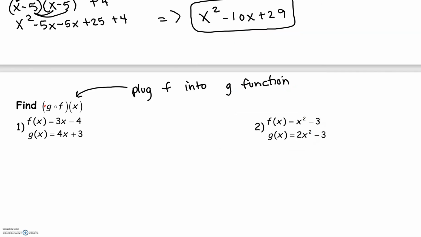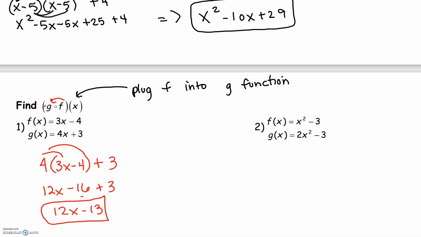So g is the one that we're going to plug f into. So g is this one, 4, leave a space, plus 3, plug the f into it. So 3x minus 4. And then we're going to distribute. So 12x minus 16 plus 3, and then combine your like terms, the 16 and the 3, to get negative 13.